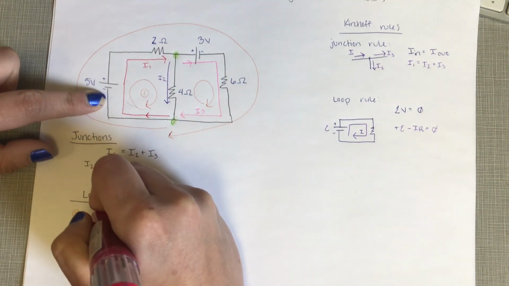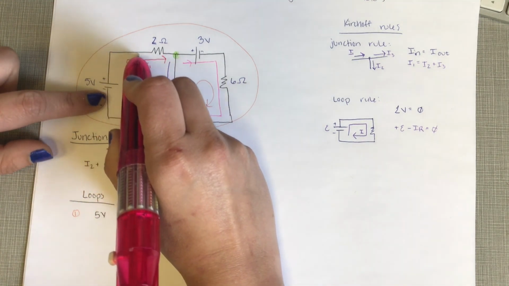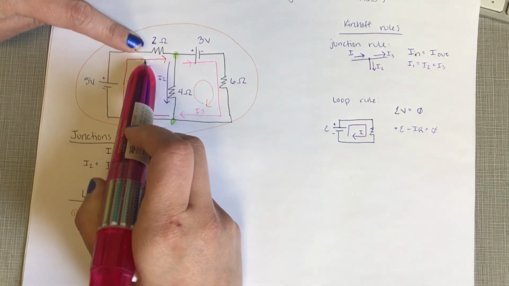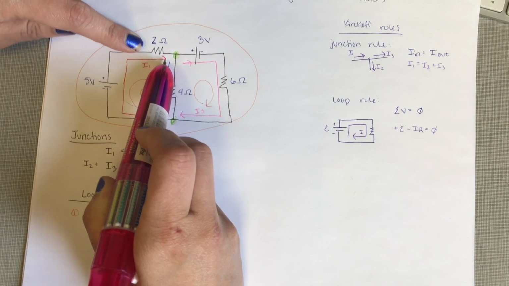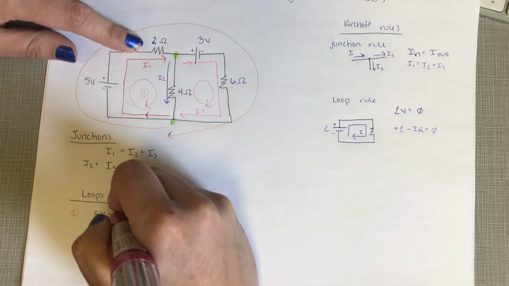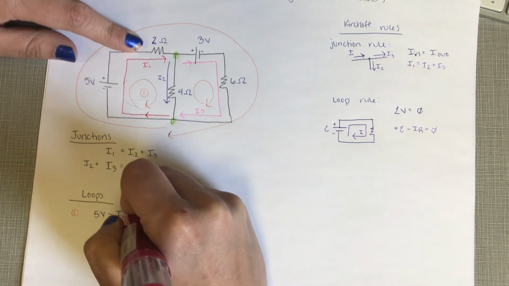So I have plus 5 volts. Now I keep going, and I hit this resistor. So now if my current is going through my resistor the same direction I'm traveling, then that's going to be minus IR. So minus I1 times 2 ohms.